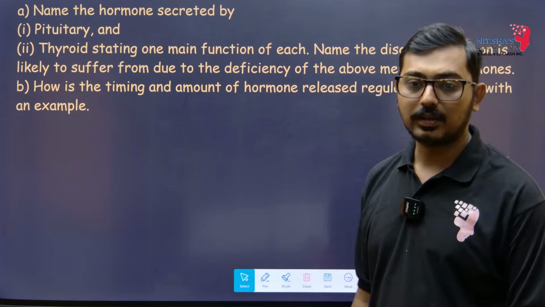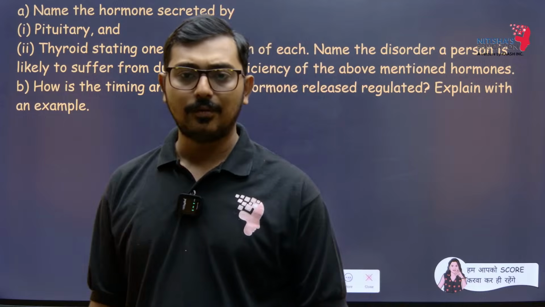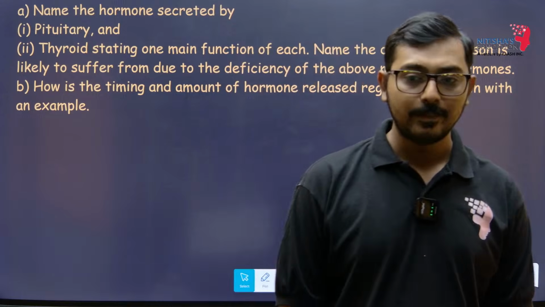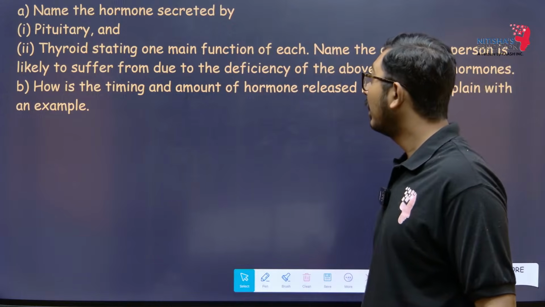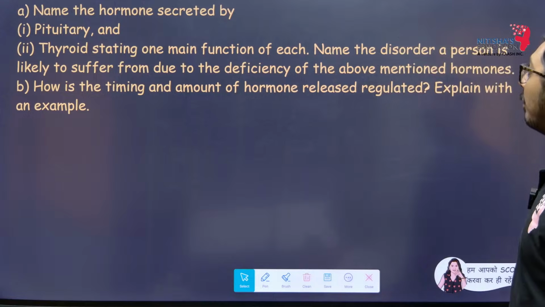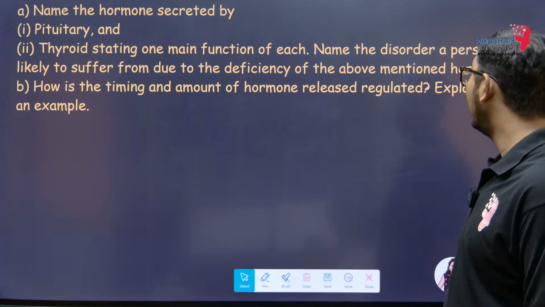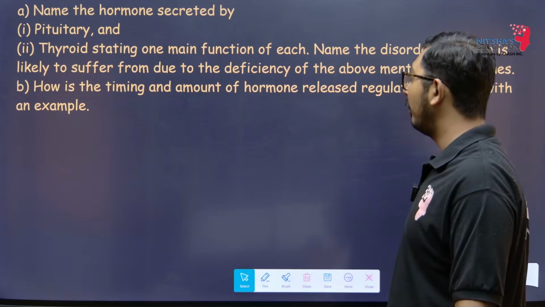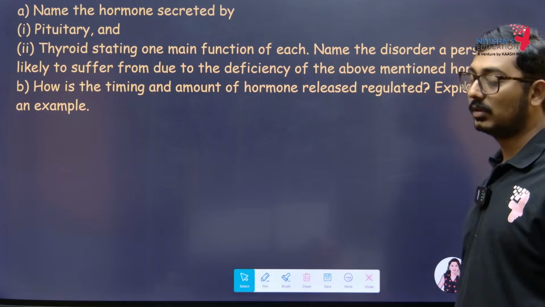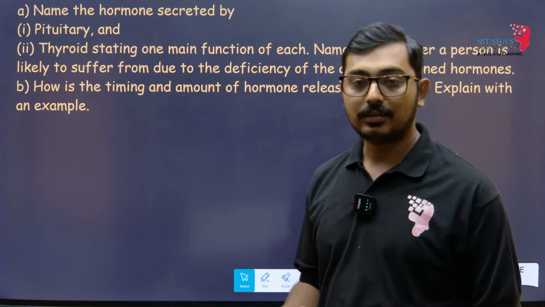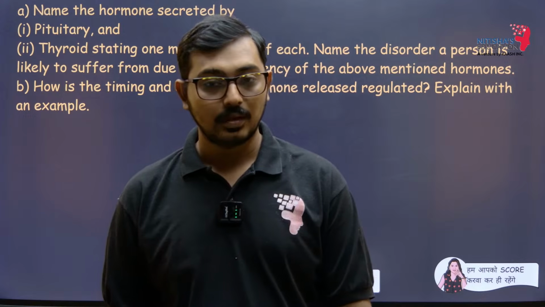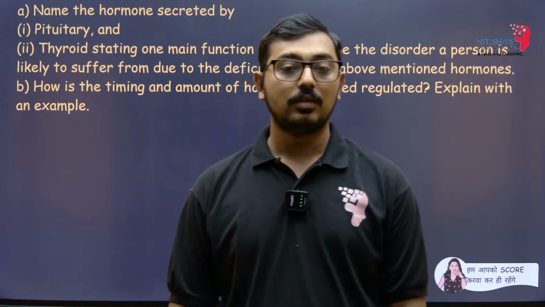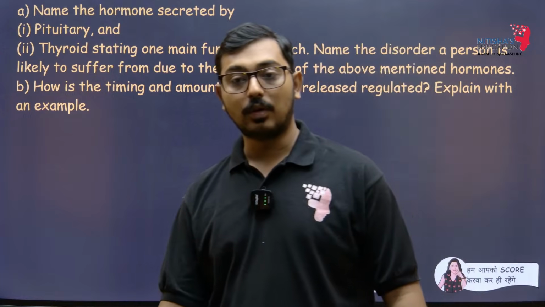Thyroxine, what does thyroxine do? Thyroxine is responsible for the regulation of carbohydrate, protein and fat metabolism of the body. Okay, so that is the important part. And name the disorder a person is likely to suffer from due to the deficiency of the above-mentioned hormones. When there is deficiency in the release of pituitary hormone, what kind of disease could it cause?